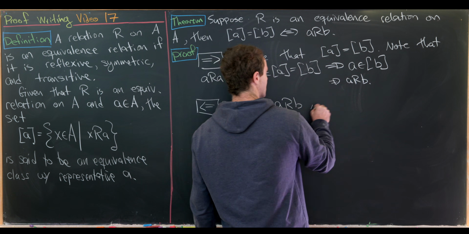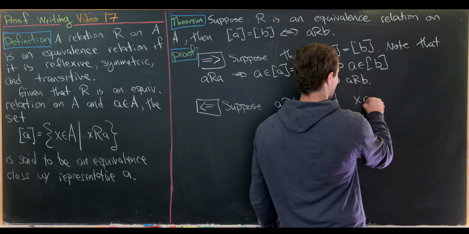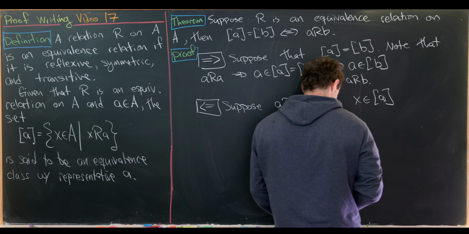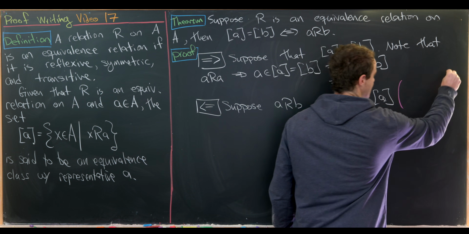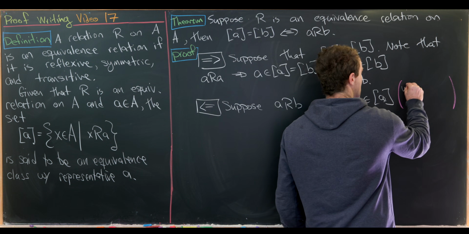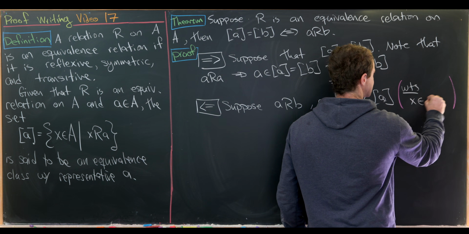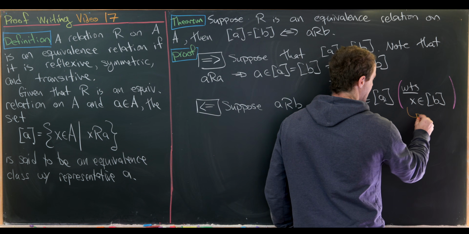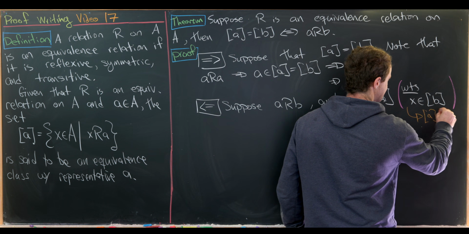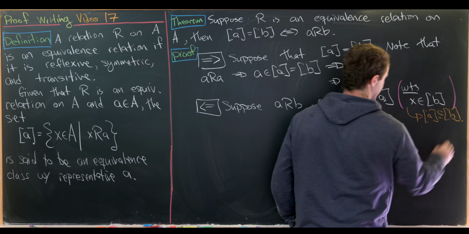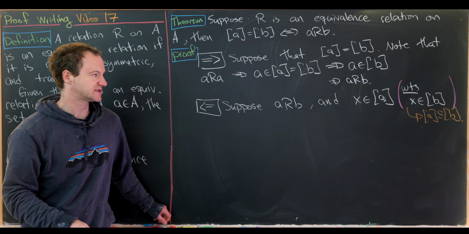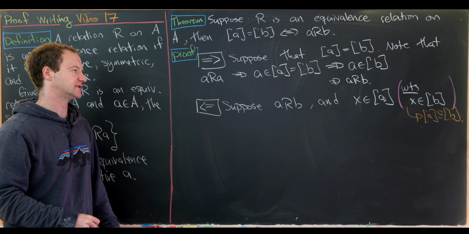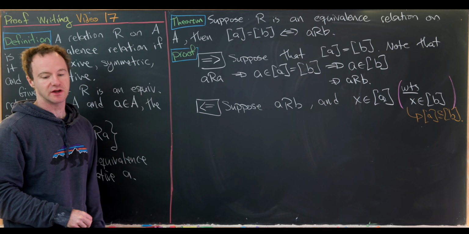Okay, so we'll also suppose that X is an element of the equivalence class of A. Notice where we'd like to go is to show that X is an element of the equivalence class of B. That's because that will show us the equivalence class of A is a subset of the equivalence class of B, which is like half of the argument that we'll take to show they're equal.